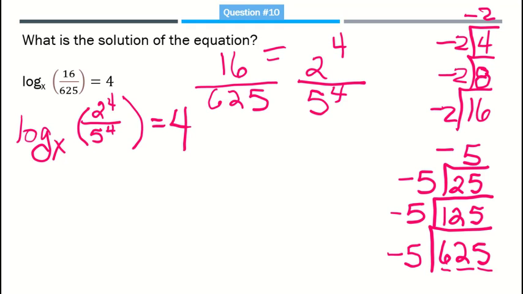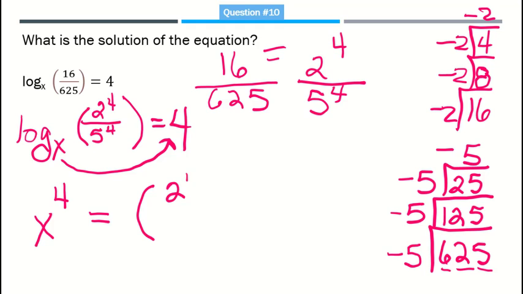Use our circle pattern. X to the 4th power, we'll rewrite it this way. X to the 4th power is equal to 2 to the 4th over 5 to the 4th. You can write it this way. Keep simplifying.